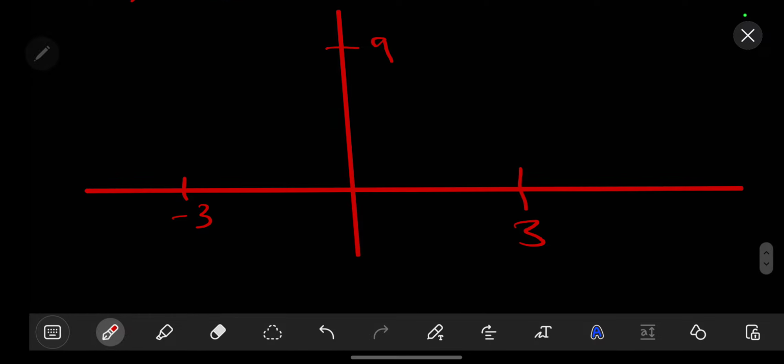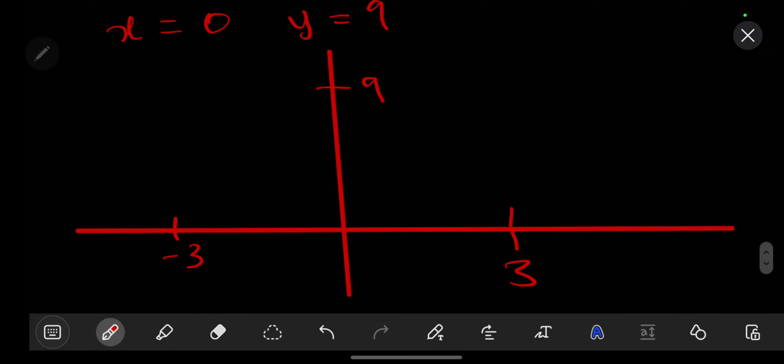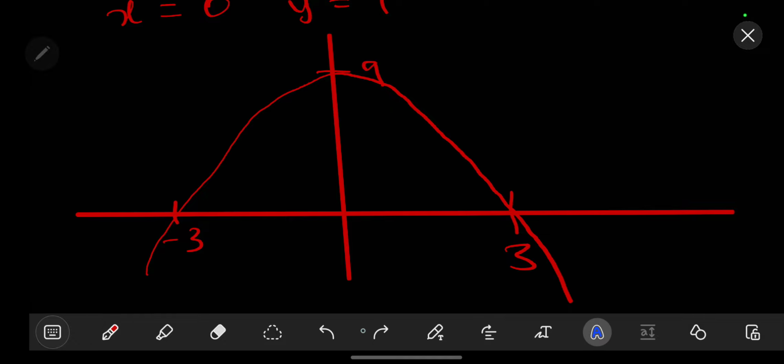So now let us just join the points. We are going to have an equation that looks something like this. So this is the graph of y equal to 9 minus x squared.